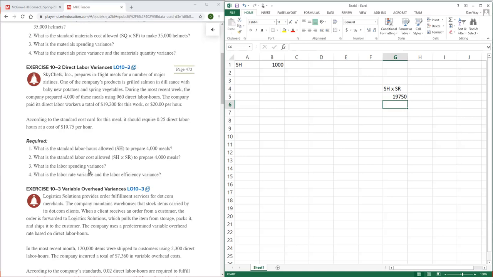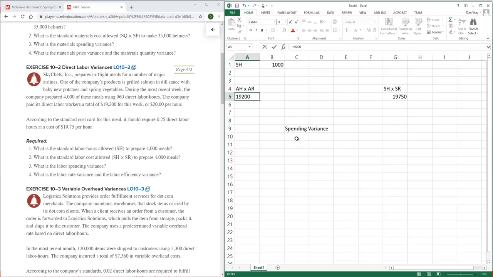Part 3 asks what the labor spending variance is. So remember, the spending variance is going to be that higher level variance. It's going to come from comparing our actual results over here, so our actual hours and our actual rate. We know that the product of those things is $19,200, so we didn't have to do the interim math there, though we do know it was $20 per hour.